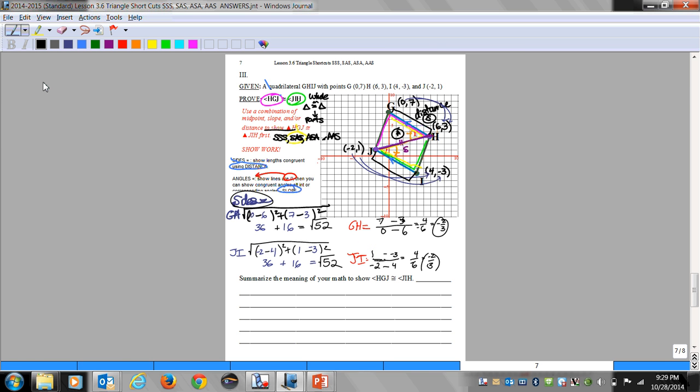So let's do our summary now. This is what the math tells me. Again, I'm trying to show the triangles are congruent, and if the triangles are congruent, the parts are congruent.